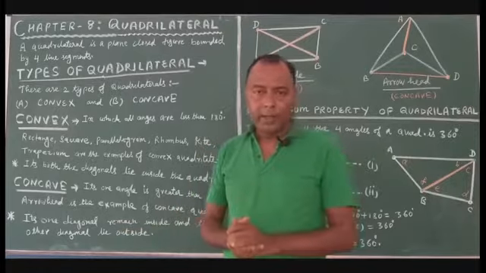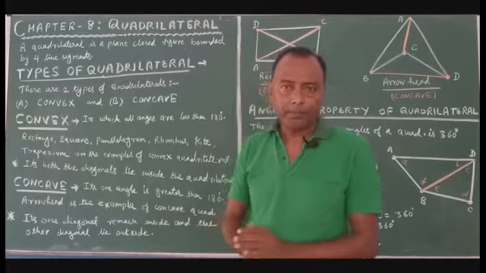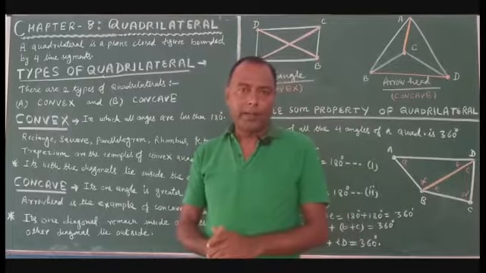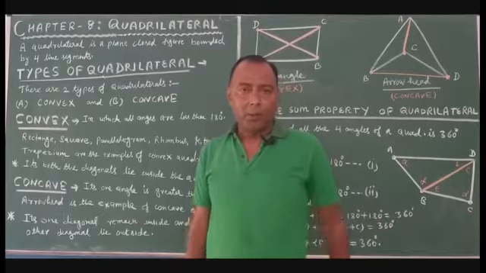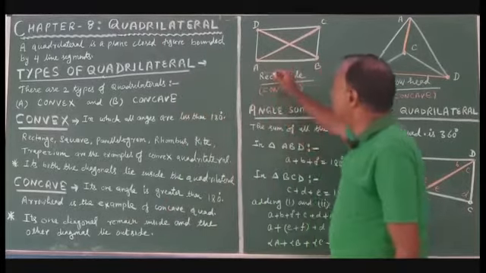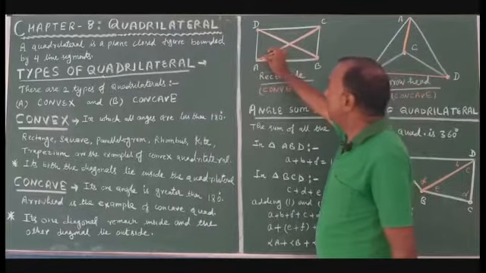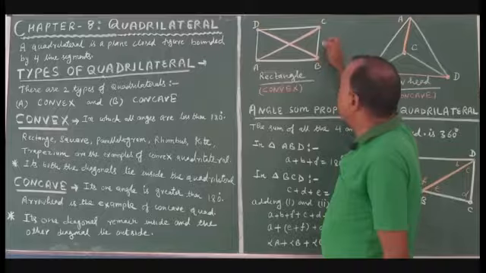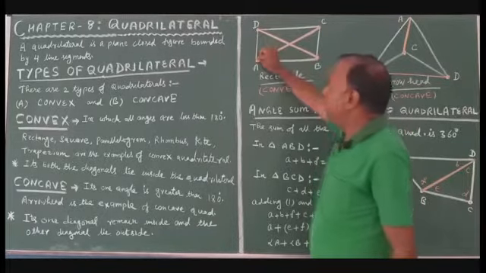The rectangle, square, rhombus, trapezium, kite, etc. It has 4 sides. Suppose this is the rectangle. It has 4 sides: AB, BC, CD and AD.